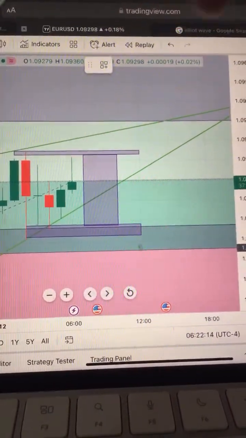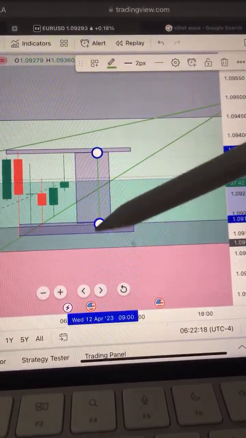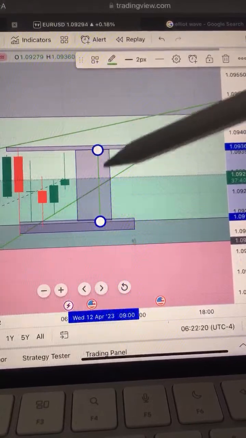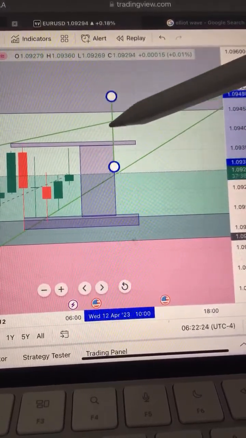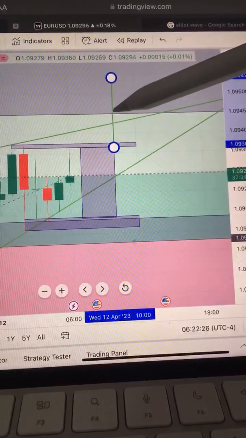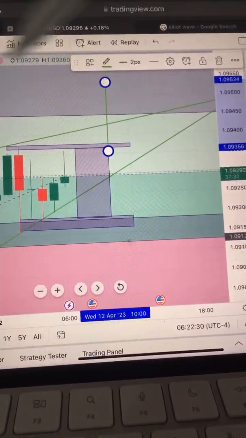Let me use my trend line from here to here. If it breaks this resistance, my target price would be from my resistance then to here.